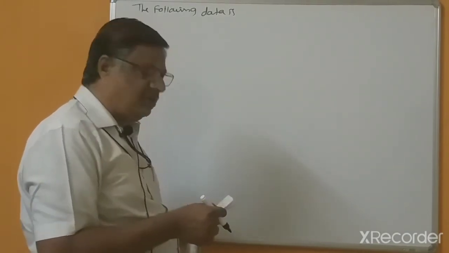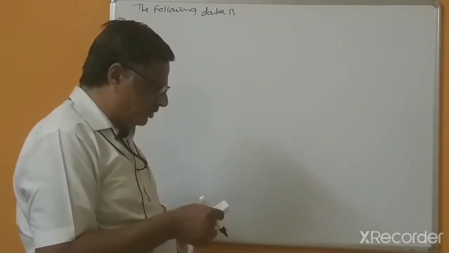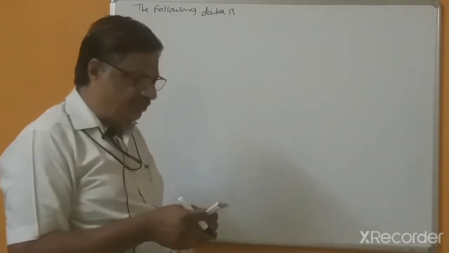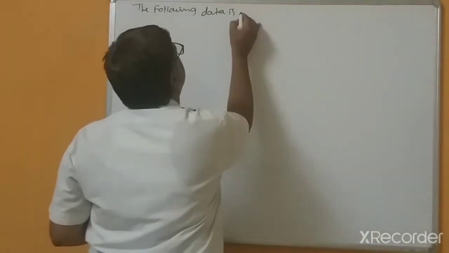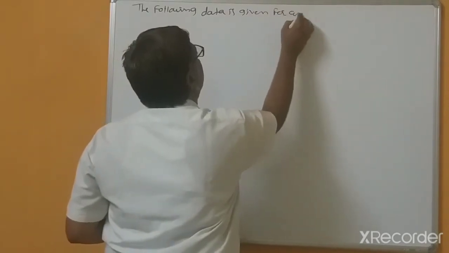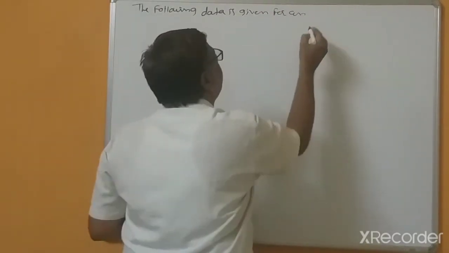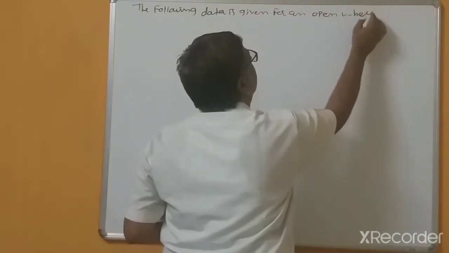V belt means open type, so there is no cross arrangement for the V belt drive. The data is given for an open V belt drive.